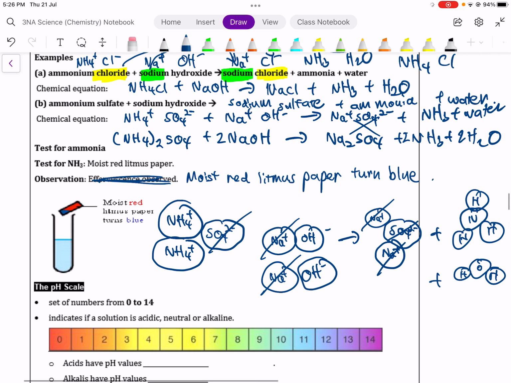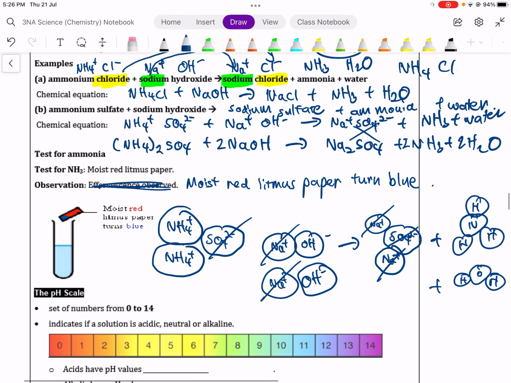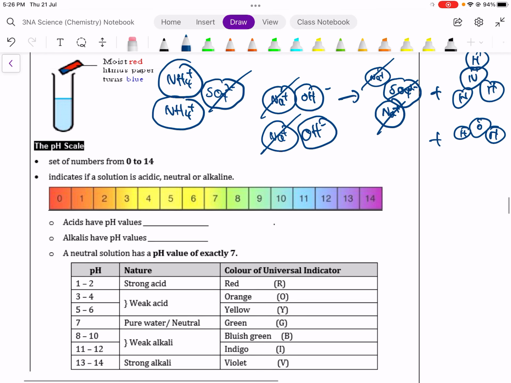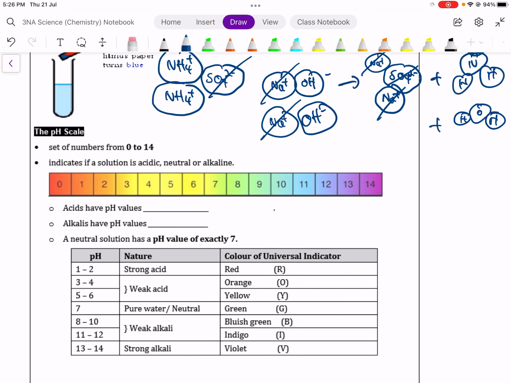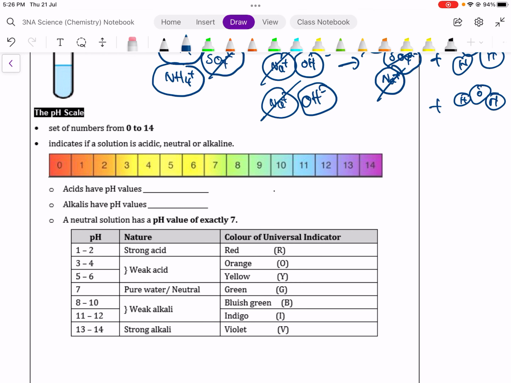Alright, the next thing we are going to go into is the pH scale. It's actually a set of numbers from 0 to 14. Basically it tells you about a solution, not a solid.